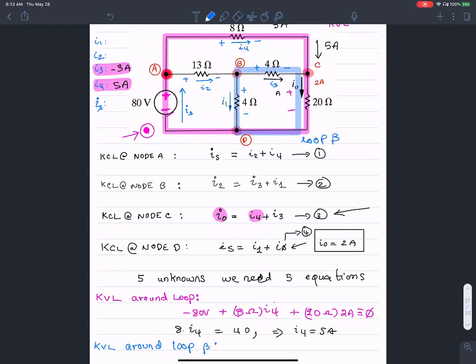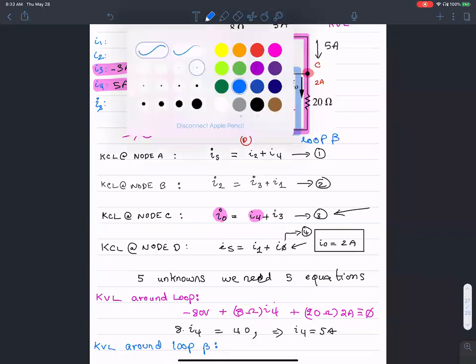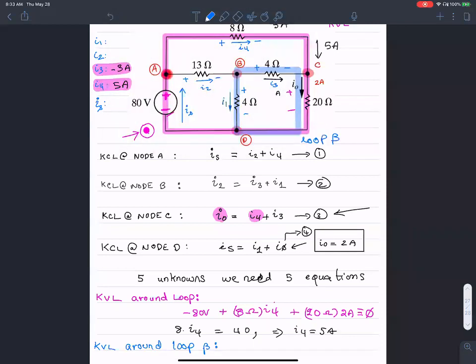Okay, loop beta. Like I mentioned, how do you begin KVL? You begin with the bottom left corner, lower left corner right here, and you follow a clockwise motion. So let's do that.